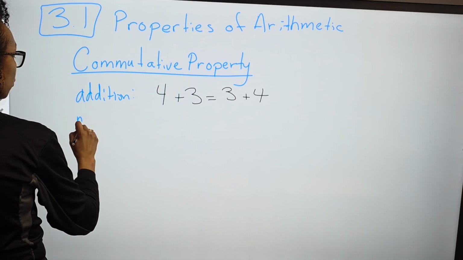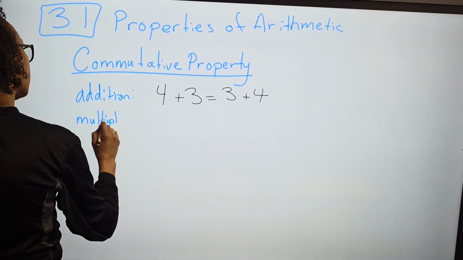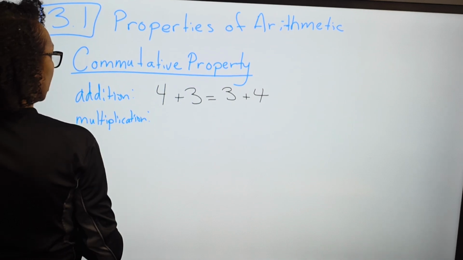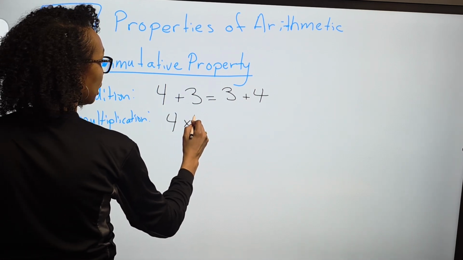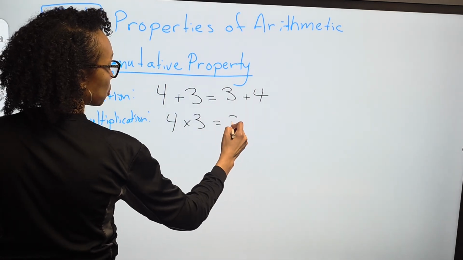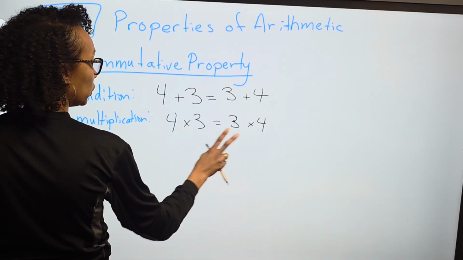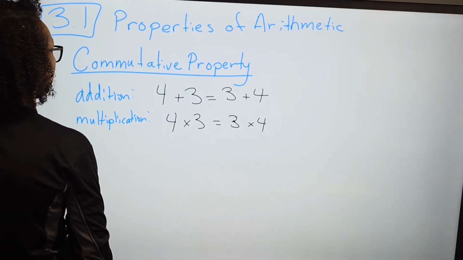There's also one for multiplication. And if we kept the same numbers, we could say that 4 times 3 is equal to 3 times 4, okay? In either situation, we get 12 when you multiply, regardless of the order of the numbers.